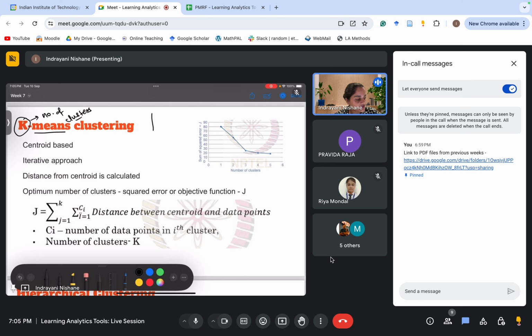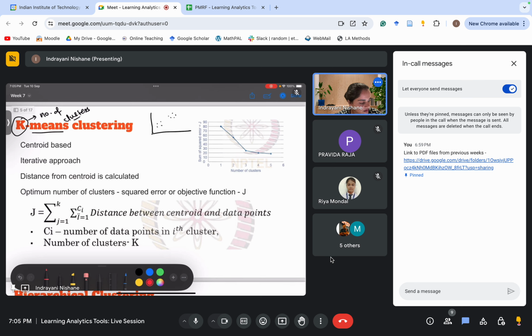So if these are our data points, and this is our cluster center 1, let's denote it by C1, and this is cluster center 2, C2. How do we compute these cluster centers C1 and C2 of these two clusters? By computing the mean of the data points which belong to that particular cluster. So that is k-means clustering.